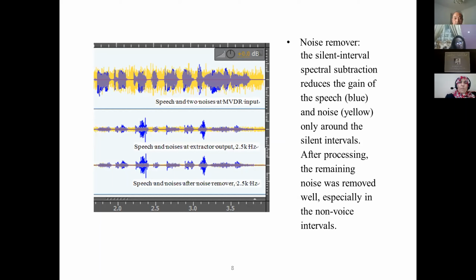So the noise remover only reduces the gain around the silent intervals here and here. After processing, the remaining noise was removed, especially in the non-voice interval. Especially here, you can see noise reduced a lot, but here in the speech signal we don't reduce gain.